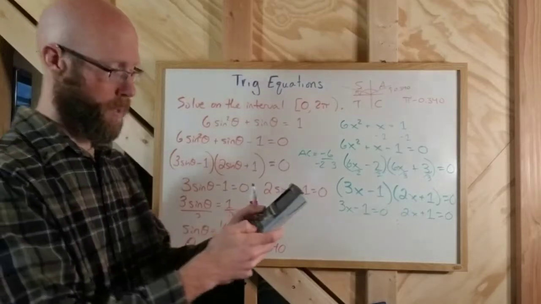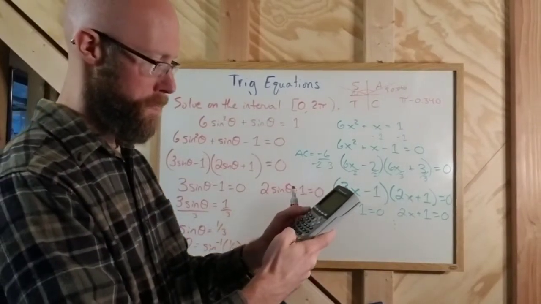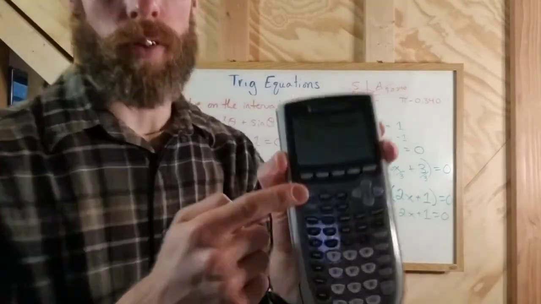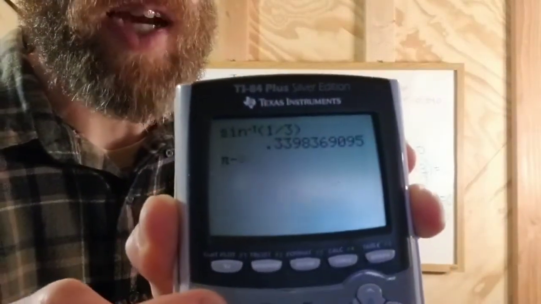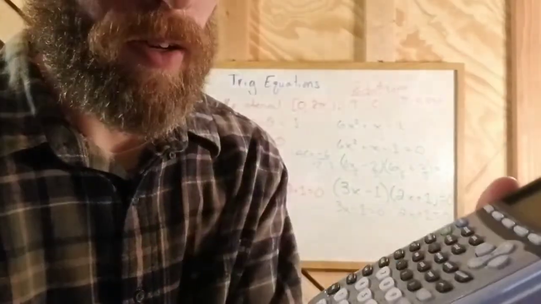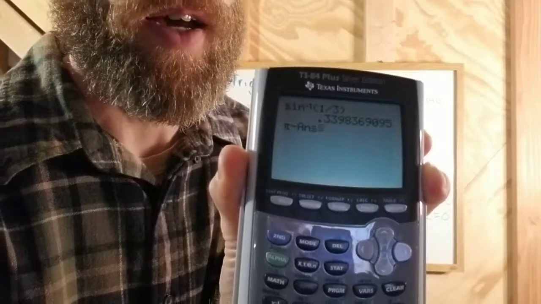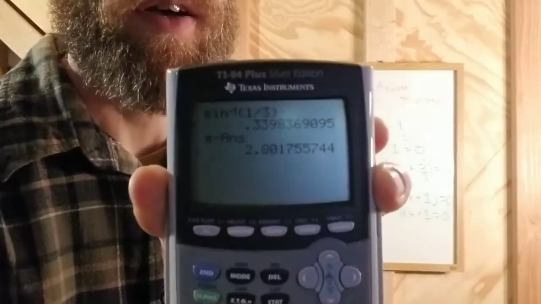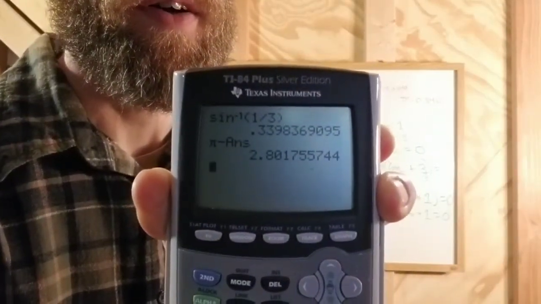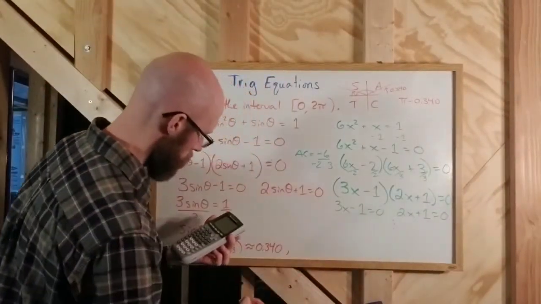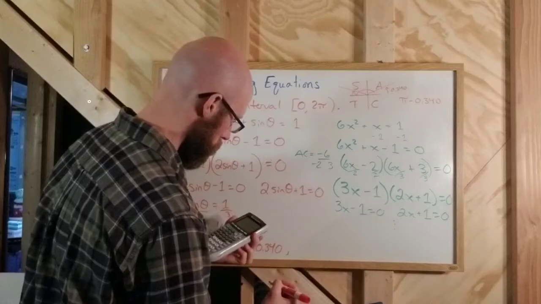I'm just going to go on my calculator and hit pi minus, and then if you have a calculator similar to mine, you hit the second button, and then the negative button down here on the bottom, that will subtract the previous answer from pi, and then hit enter. And there you go. So that's the second angle. It would be 2.802 approximately.